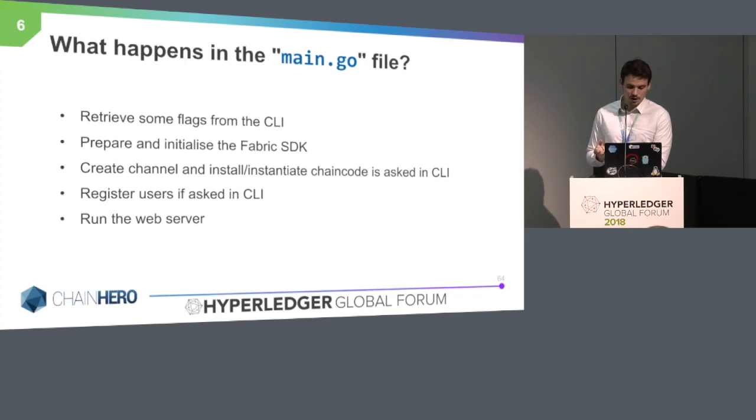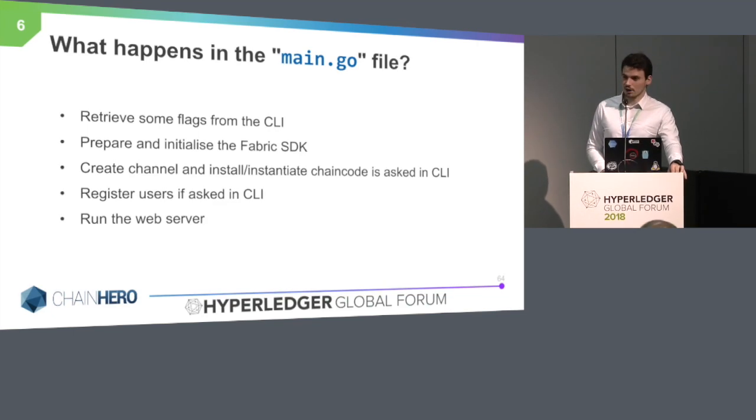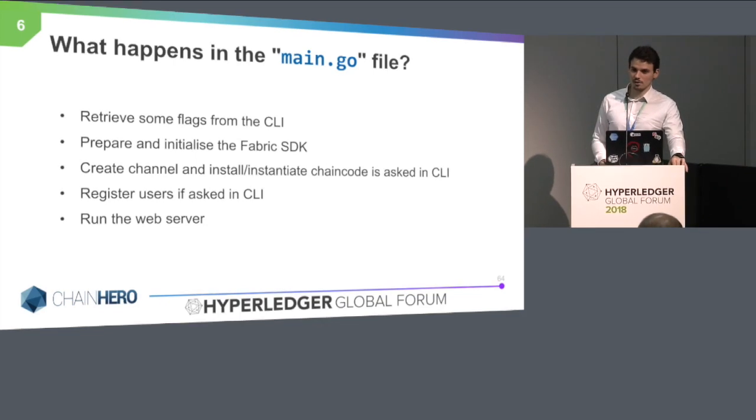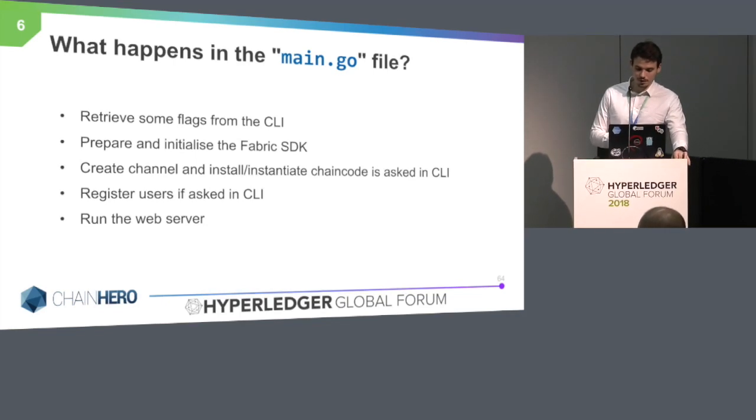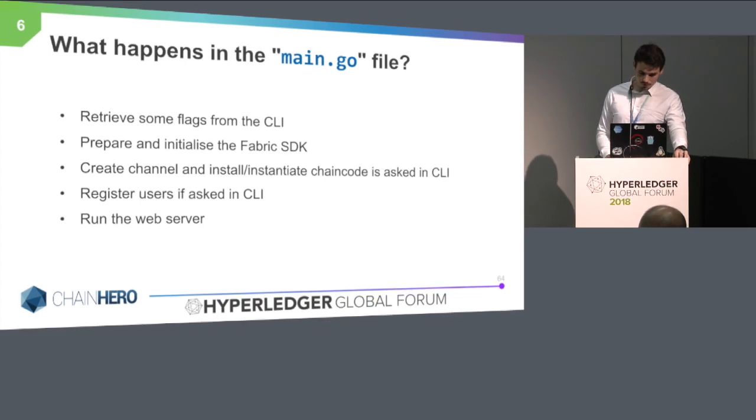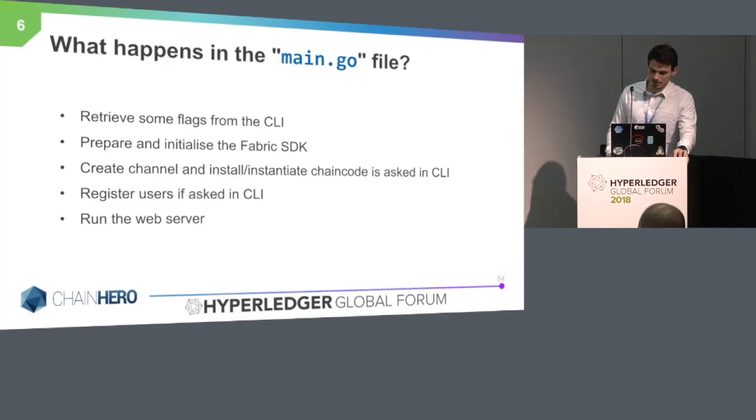And if the user asks using a flag on the CLI, we create the channel and instantiate the chain code you provided in the chain code folders. Then we finally register some users, the admin 1 and the 2 consumers. Every piece of information about the users is provided in the main.go. And finally, we run the web server.